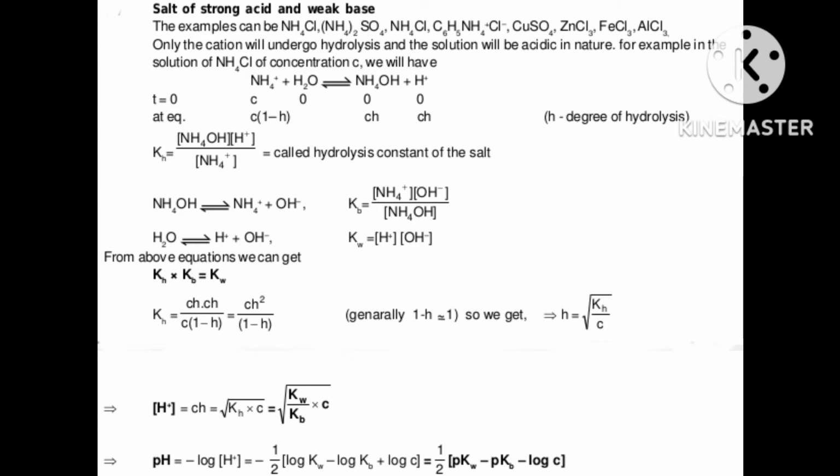Now here, the hydroxyl ion concentration.